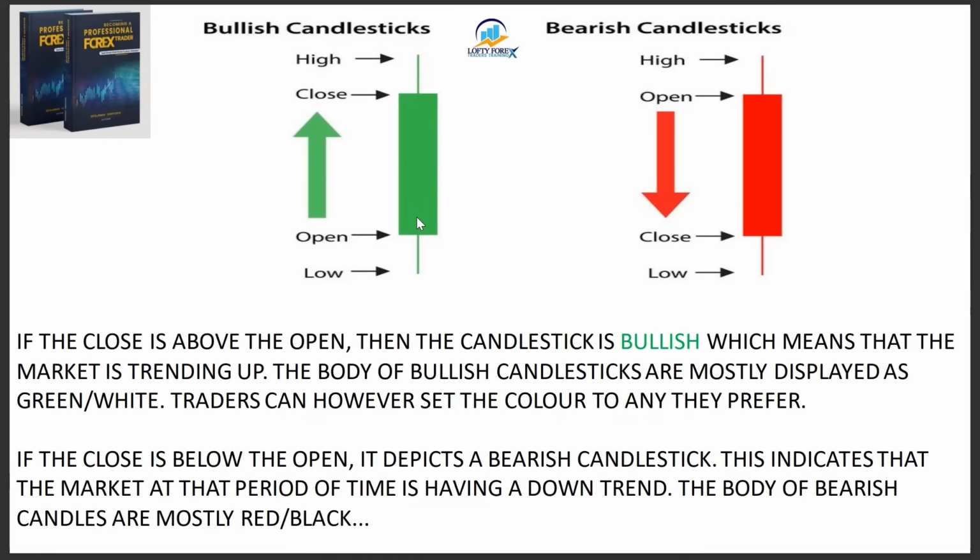For the green one, the bullish, the open is at this place, low is this vertical line beneath it, high is the vertical line above it, and then the close is this candlestick body. Bearish is the opposite: the open here, high, this vertical line here, down here, low, this vertical line, and then the close here.